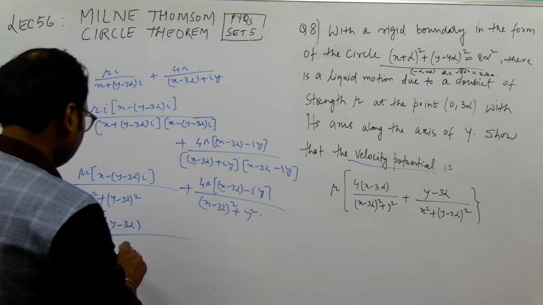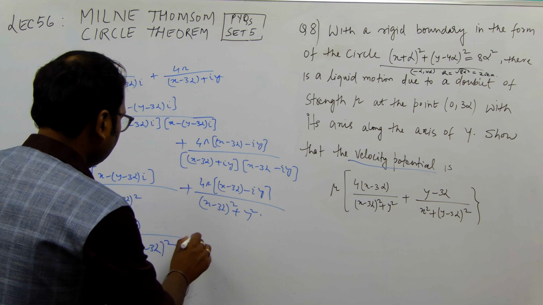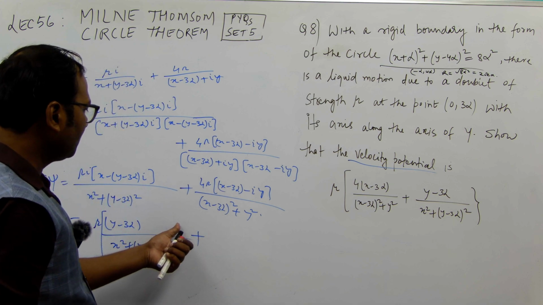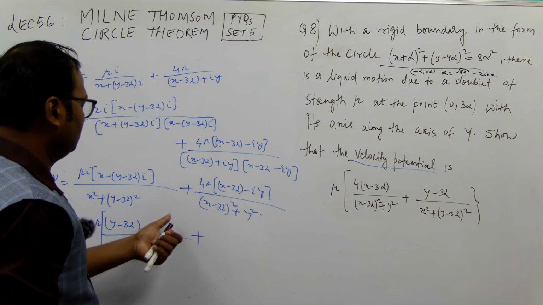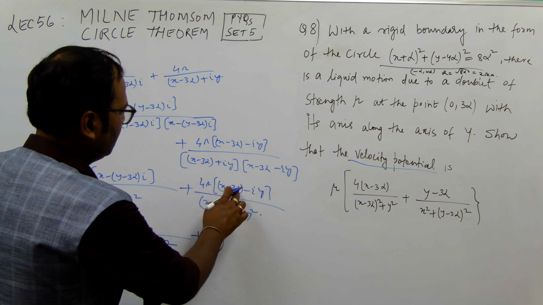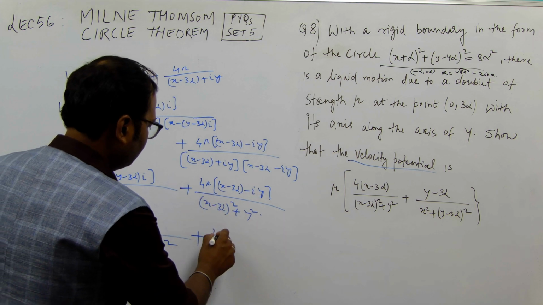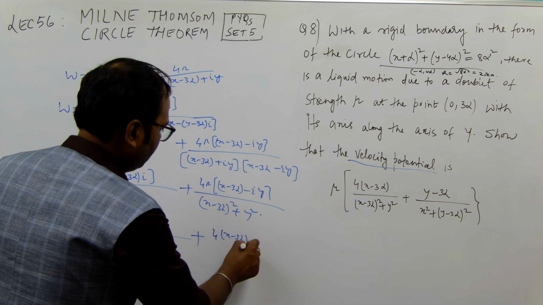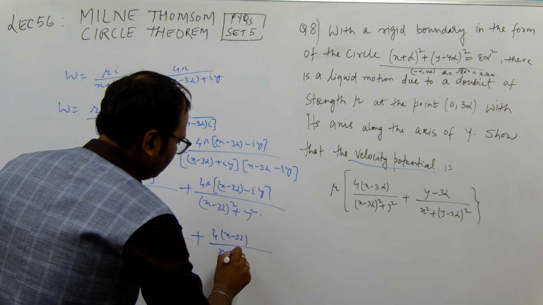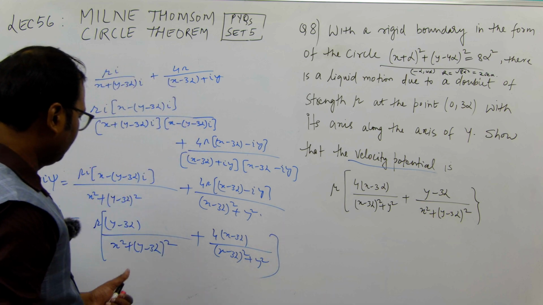Okay, upon x square plus y minus 3 alpha whole square plus, this will be from here, this is 4 mu x minus 3 alpha, and this is imaginary part, so we will take, and mu is outside, so this is 4 into x minus 3 alpha upon x minus 3 alpha whole square plus y square. Okay, so let us check this.